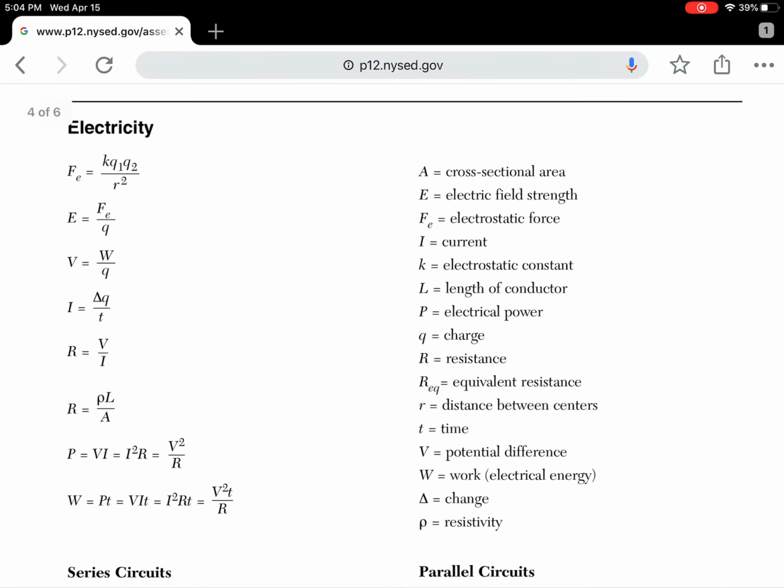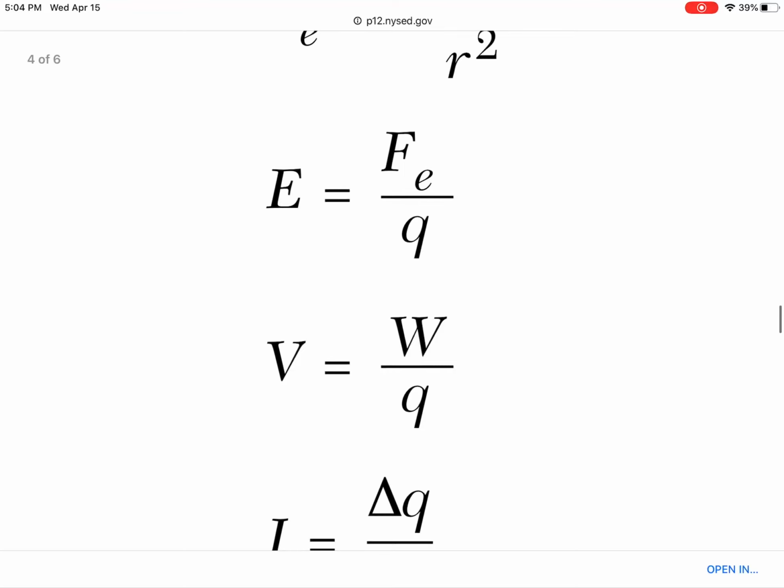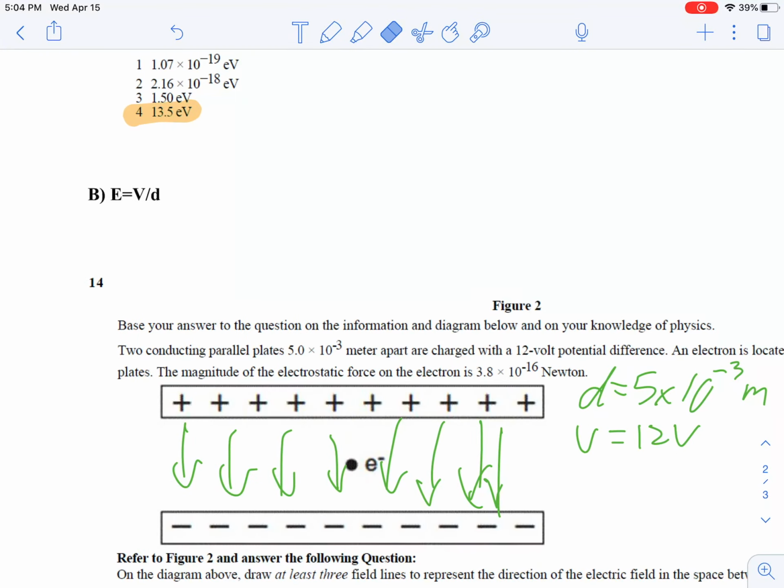So we're going to take two equations, these two: E equals F_E over q, and V equals W over q. I'm going to rearrange both of these equations to isolate q.